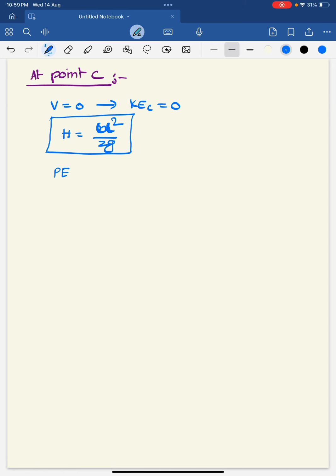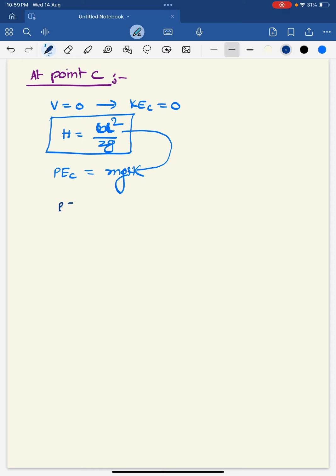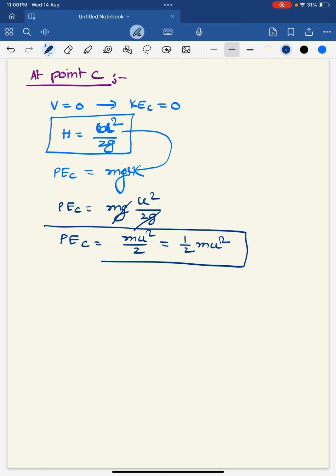Due to this height, potential energy at point C is equal to mg into capital H. We know the capital H formula, so directly you can substitute here. Therefore potential energy at point C is equal to mg into u square by 2g. This g and this g cancel, so potential energy at point C is equal to mu square by 2, or we can write it as half mu square.